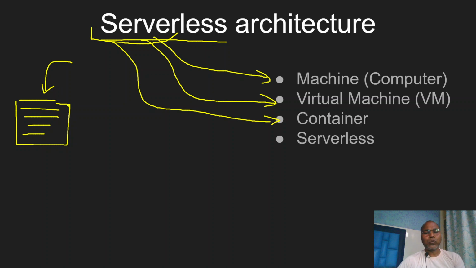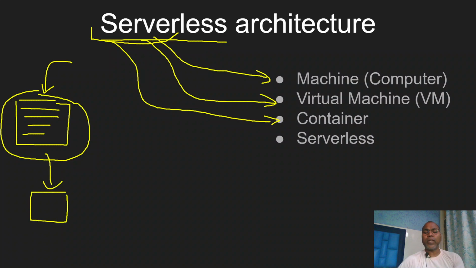To run this code, you build it and make one jar file, make a package, make executable code, and after that you deploy that code on a particular server. Server means a particular computer or a particular machine. So you are going to run it on a particular machine.